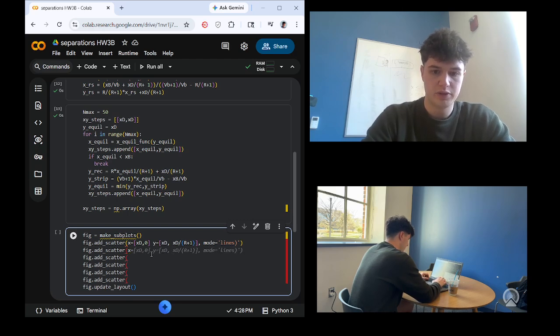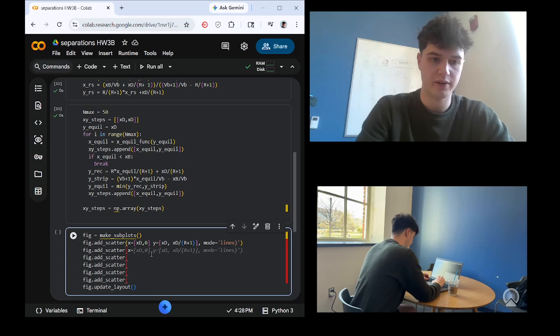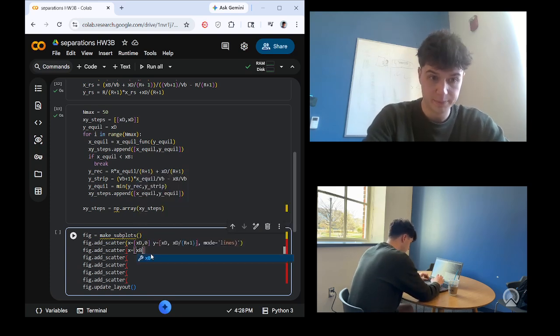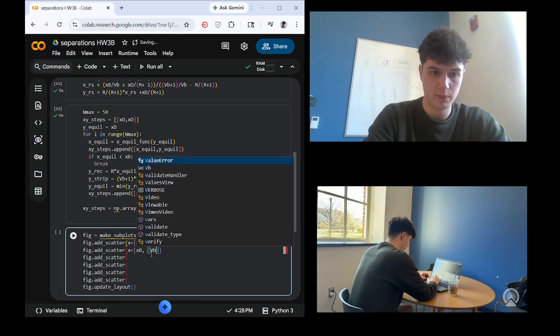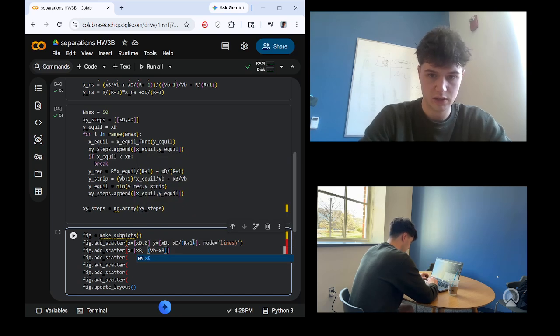Now here, x is going to be, oh, let's close this off. X is going to be equal to, now our boilant, so we have our distillate at the top, now we're doing our boilant. And now we want our V bar plus XB. And this, go out of this parentheses, this is going to be divided by V bar plus 1.